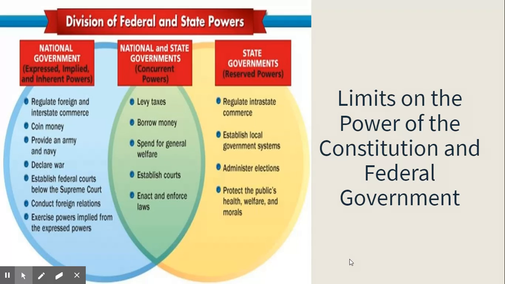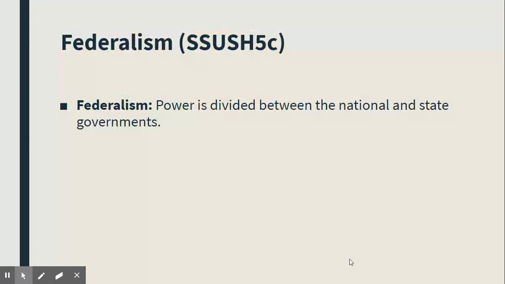And they also can't administer elections. Now, what you have to understand, you've got 2 things here. You have the powers divided between the national government and the states. Understand that federalism means that power is divided between the state and the national governments.